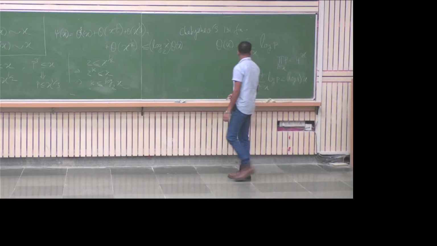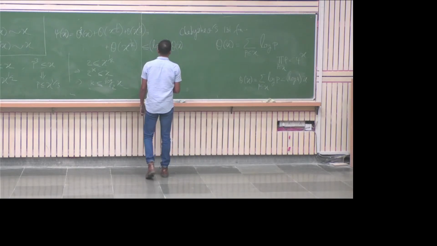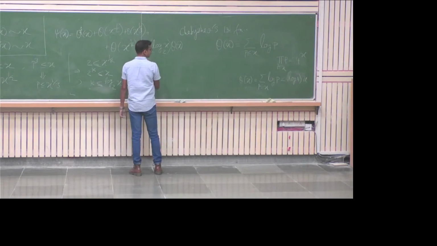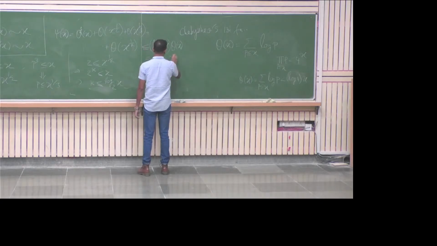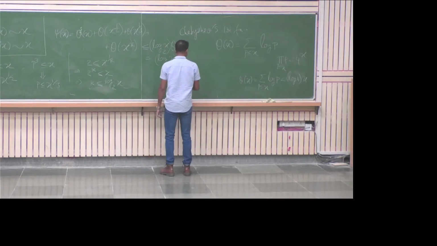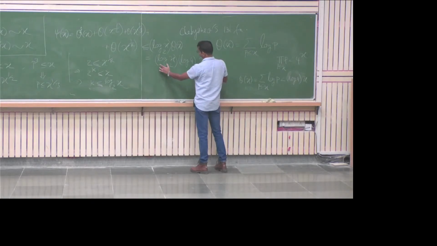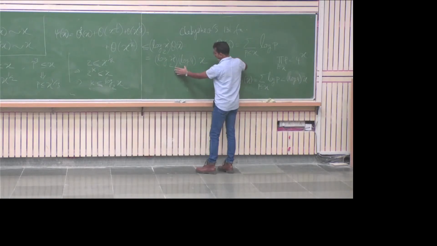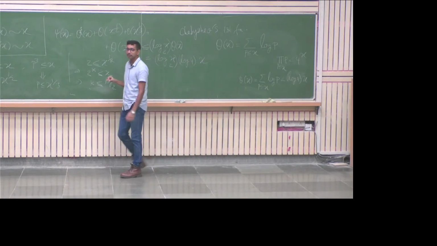So if you now plug it there, what happens? This is equal to log x over log 2 times x log 4. So you are getting that it is some constant times x log x. But we can make it even more precise.